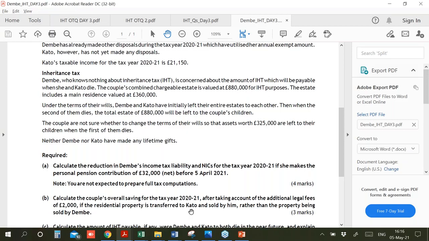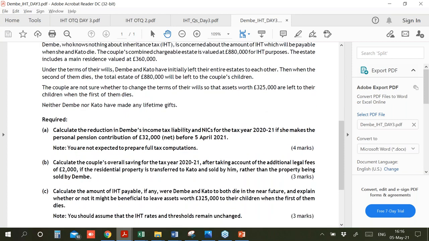Then the third requirement: calculate the IHT payable, if any, were Dembe and Kato to both die in the near future, and explain whether or not it might be beneficial to leave assets worth 325,000 to their children when the first of them dies.